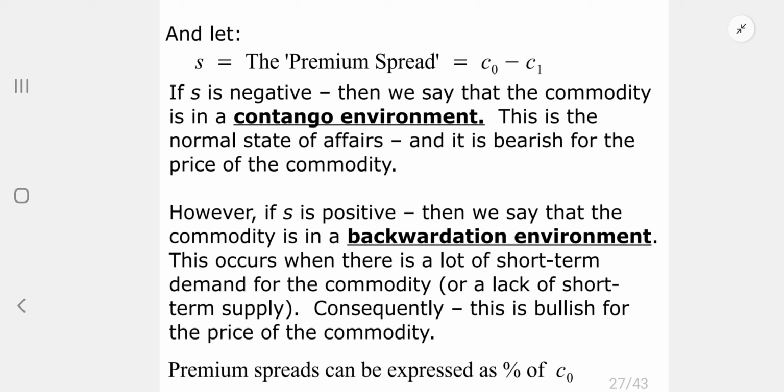This occurs when there is a lot of short-term demand for the commodity or a lack of short-term supply. Consequently, this is bullish for the price of a commodity. Premium spreads can be expressed as a percentage of C0.